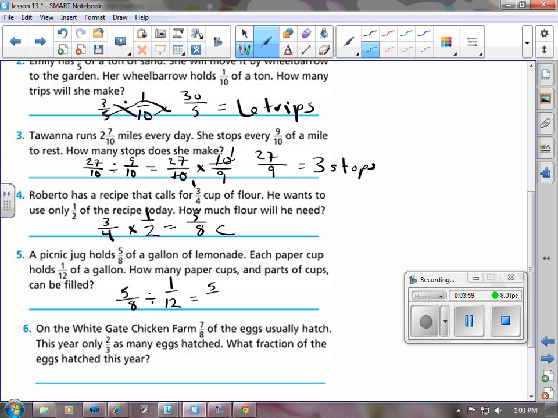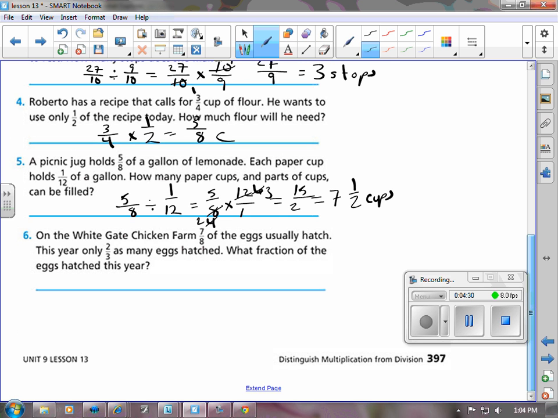I'm going to flip it again. 8 times 12 over 1 because I can simplify here. 2 goes into 8 4 times. 2 goes into 12 6 times. Oh, I can do it again. 2 goes into 4 twice. 2 goes into 6 3 times. Now I get 15 over 2, which is 7.5 cups. Okay.